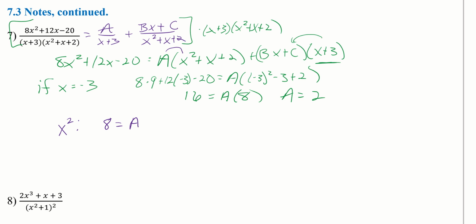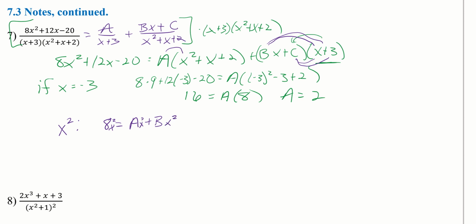Now b, right? So if I did bx times x, that gives me x squared as well. So I get a plus b. Now if I look here, bx times 3, that's an x value, right? Cx, that's an x value. C times 3, that's a constant. So I don't care about any of those. So this is kind of a shortcut. So all these, I'll write it out. These are all your x squared values.